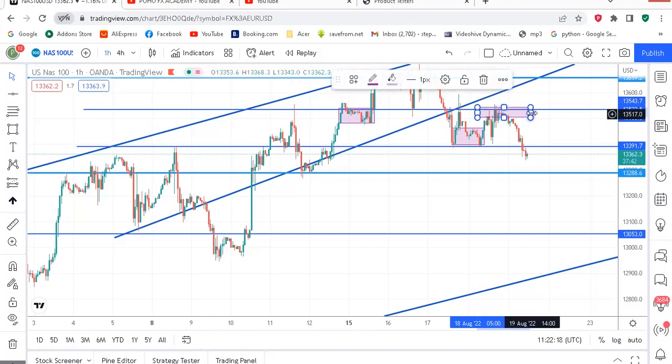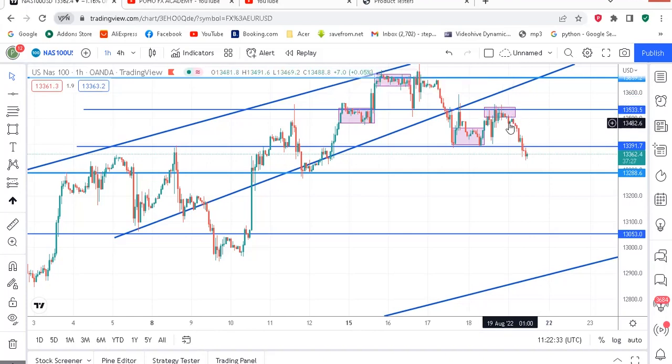And a person could have easily entered here. There was a very strong rejection around here, and it started pushing down from up there. I should have seen it when it closed just under this consolidation, to say that it's looking to push for more down. So let's wait for it, and let's see how it goes.